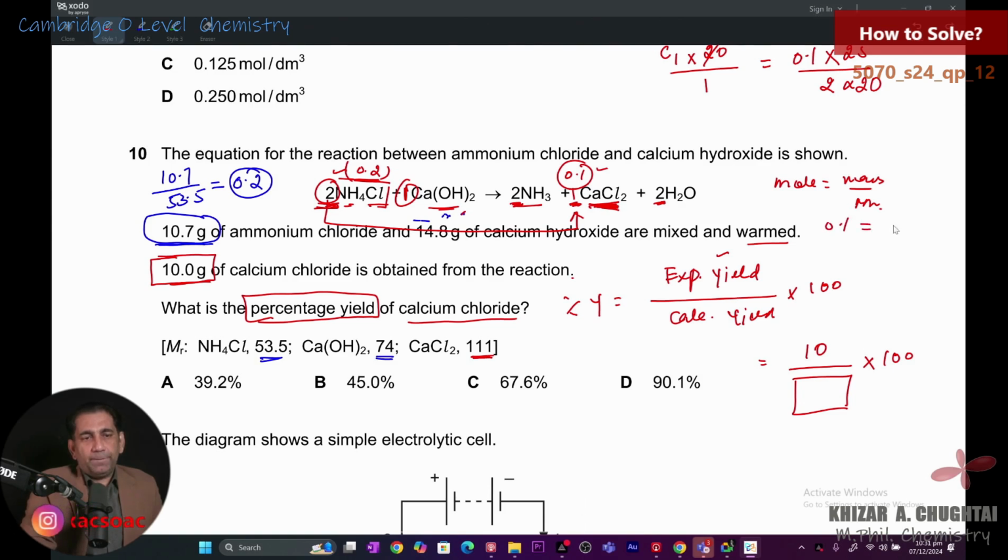So 0.1 is equal to mass over 111. So what will be the mass? The maximum quantity of CaCl2 that can be formed is 0.1 into 111, that is 11.1. So 10 over 11.1 into 100, and D is the correct option.